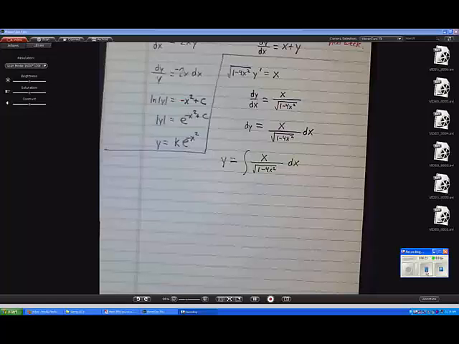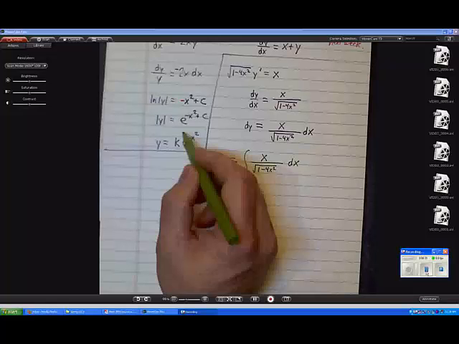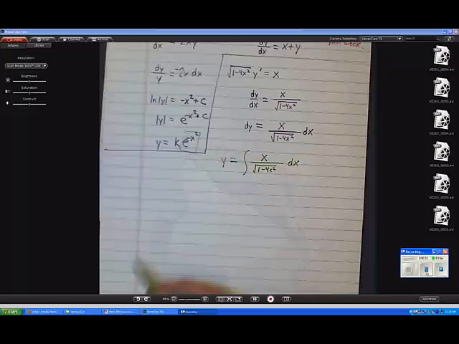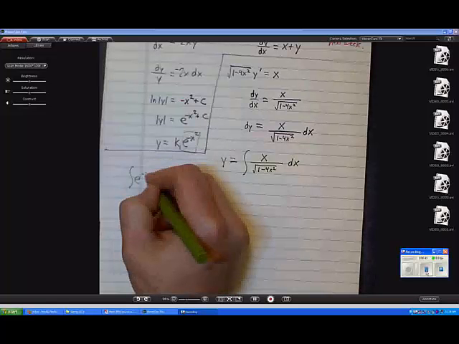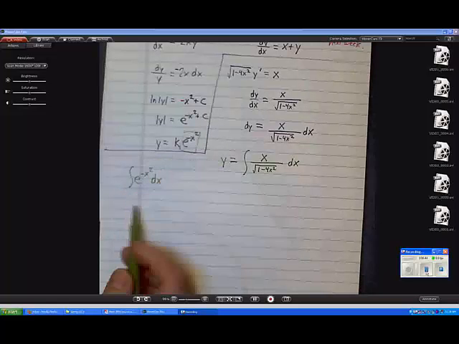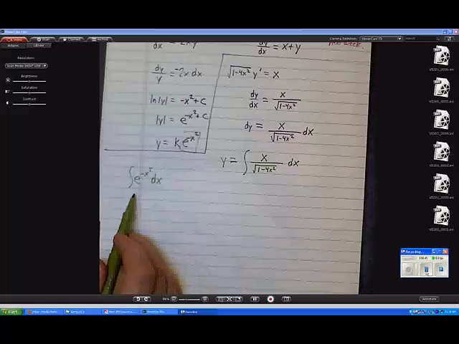But I want to point out, remember, can you always integrate? No, sometimes. For example, here's a classic example of a function I can't integrate. E to the negative x squared. Did you guys know that? Not even with parts. Some people would argue that's the most important function in mathematics, the bell curve, the normal distribution.